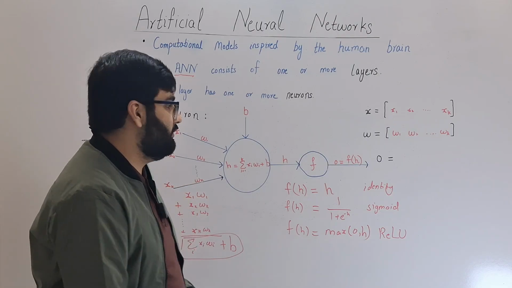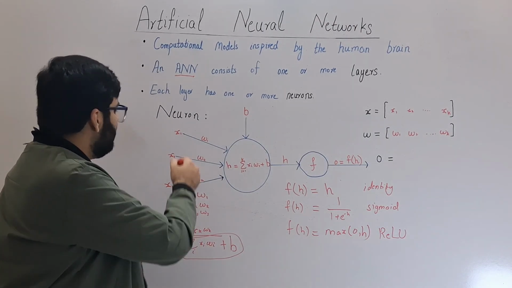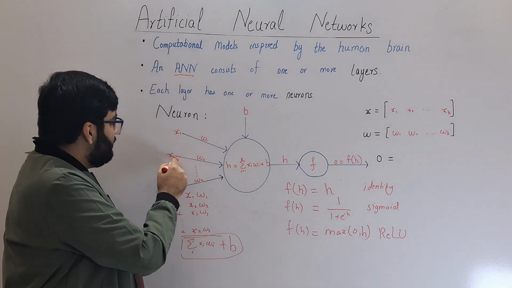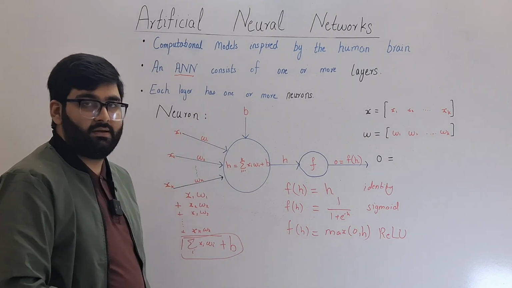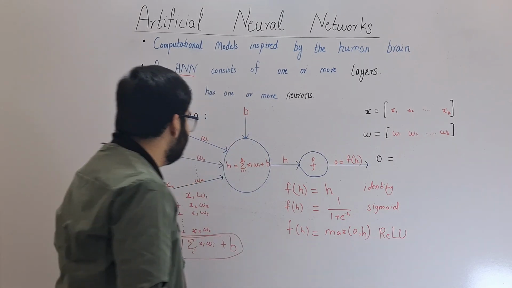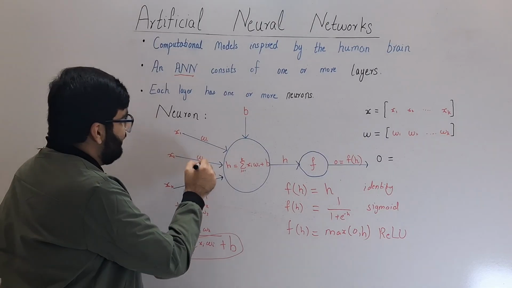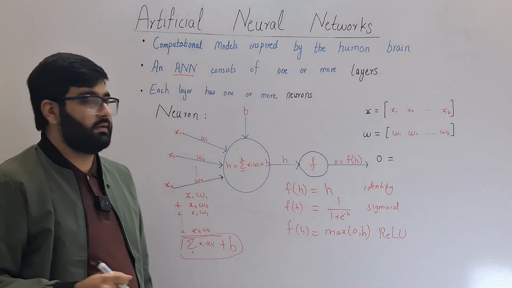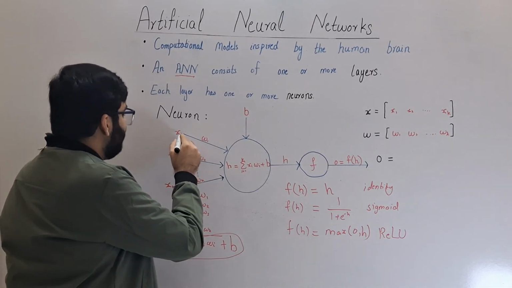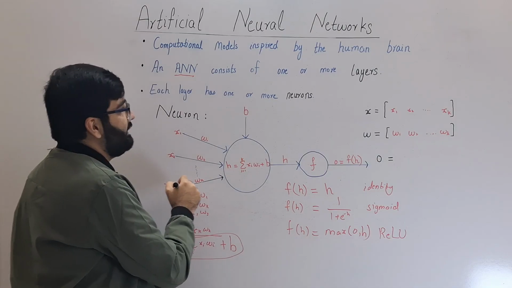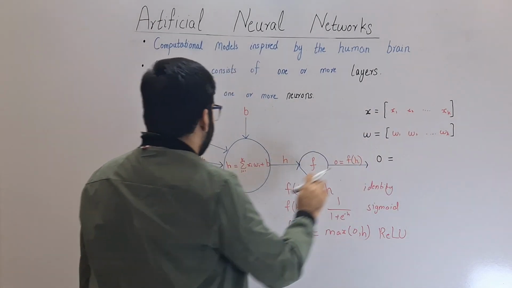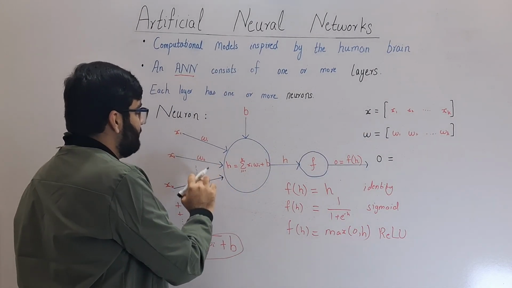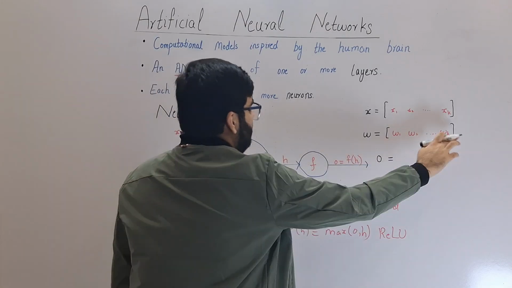Now, what if we want to represent the inputs in the form of vectors and the weights as well in the form of vectors? x1, x2 up to xk can make up a vector. w1, w2 up to wk can make up a vector.